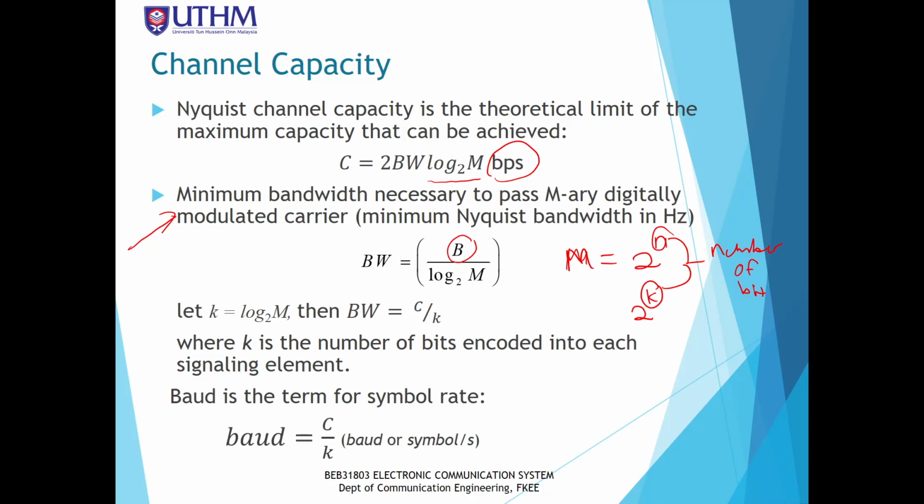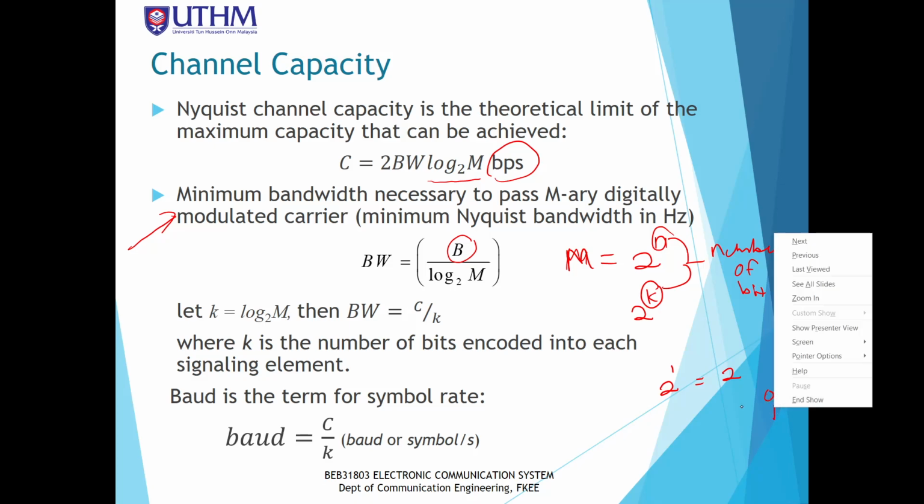Because in PCM we are actually transmitting one bit at a time, so in PCM it is 2 power of 1. Because we are using one bit only, we have two symbols, a symbol for logic 0 and logic 1.